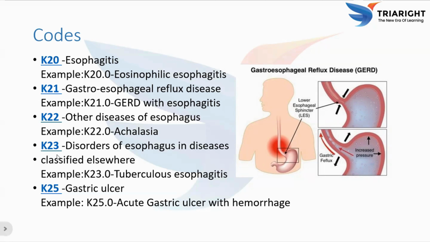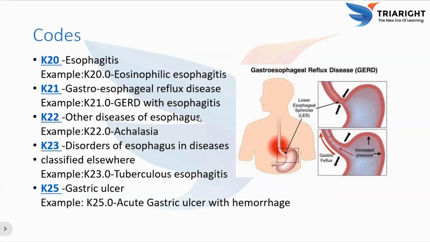So next, coming to K23, these are the disorders of esophagus in diseases classified elsewhere. Used when the esophagus is affected secondarily. K20, K21 and K22 are the primarily affected esophagus diseases, whereas K23 denotes that the esophagus is affected secondarily by another disease. For example, infection.